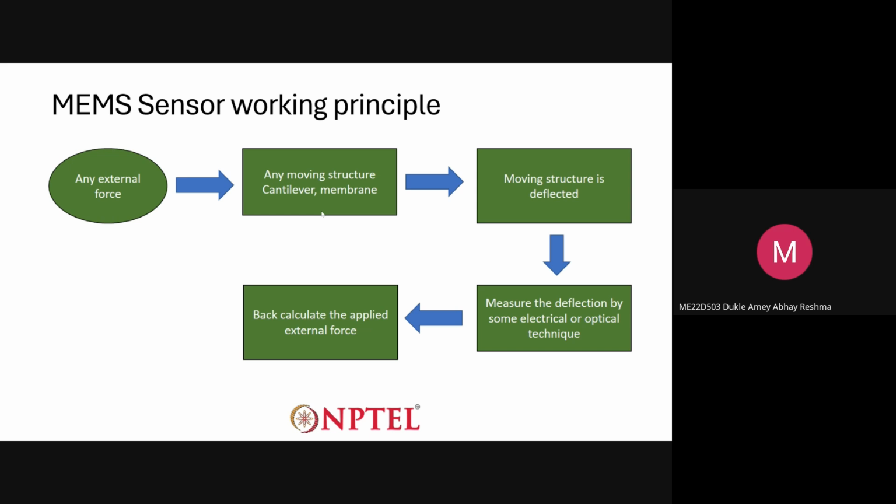As I said earlier, we are not calculating the absolute value. Whenever a sensor is there, you always see a change. It's at rest, some force F comes, and the measurements you get will be relative to the rest position. That is how a sensor works.